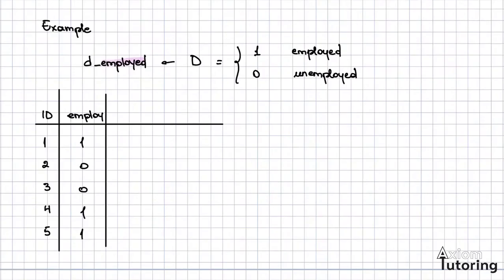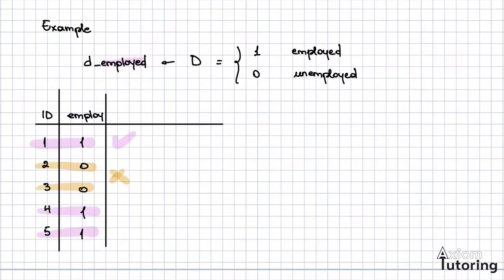So for instance, in this little case, persons 1, 4, and 5 are indeed employed, but we've got persons 2 and 3, they are unemployed. Okay? So how do we plug that into the regression now that we know it is there as information in our Excel spreadsheet? Well, that's very simple.